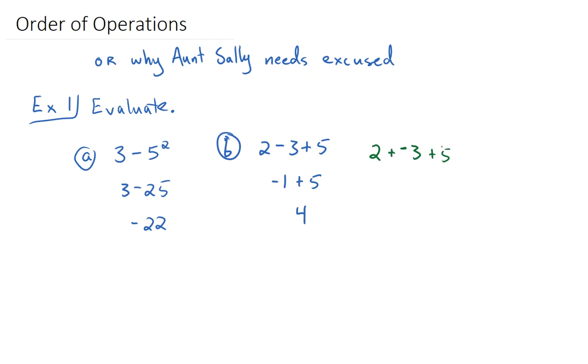And once we write it all in terms of addition, we can add those numbers in any order we want. I can even do the 2 and the 5 first. That's going to make a 7 plus a negative 3, which is the same as 7 minus 3, which is a 4.